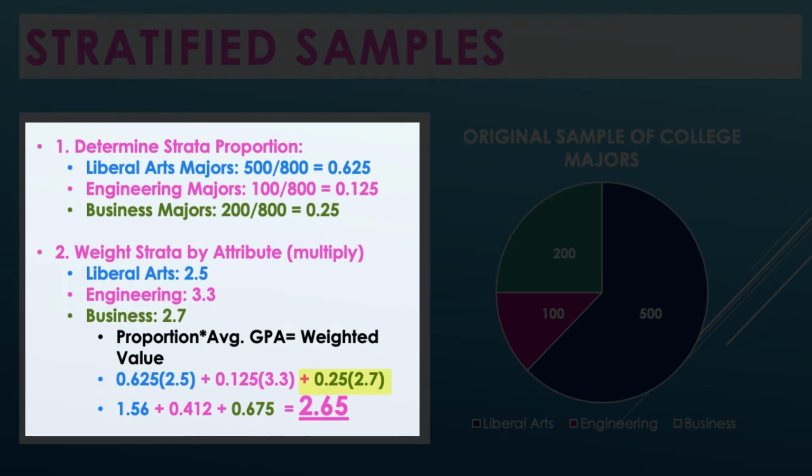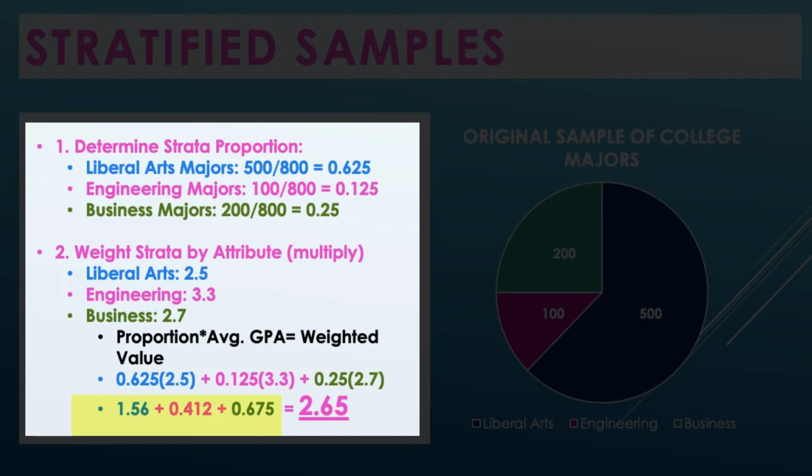Once we have done the order of operations here, what this means is that once we have weighted the liberal arts majors' GPA based upon their proportion of the entire population, their average GPA is about 1.56. Engineering majors, we're going to bring that way down. That's 0.412.